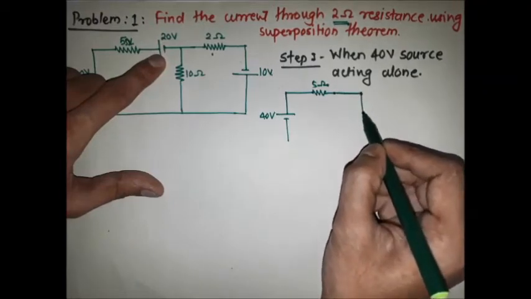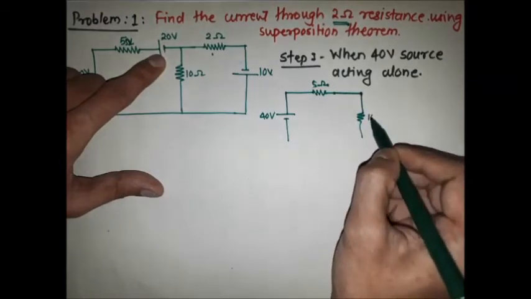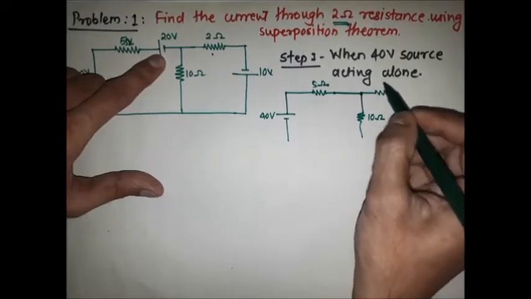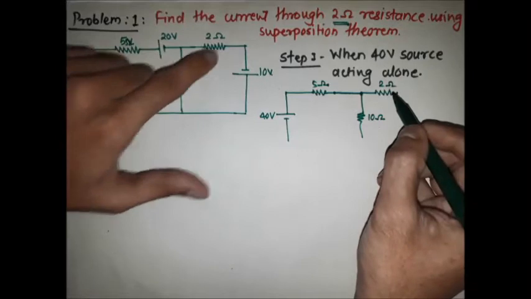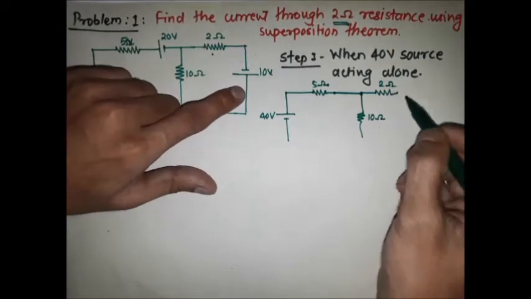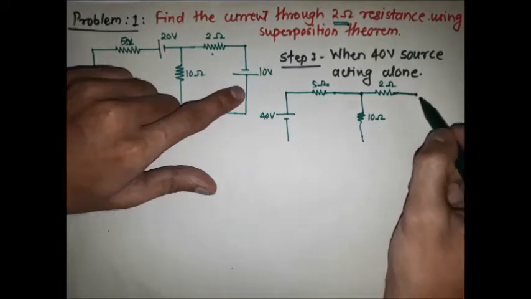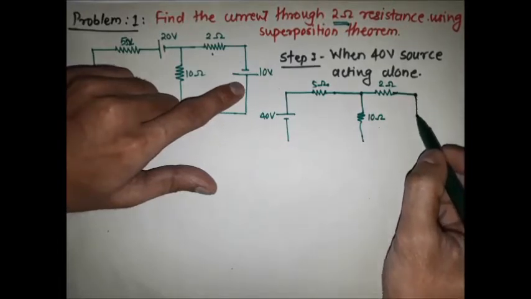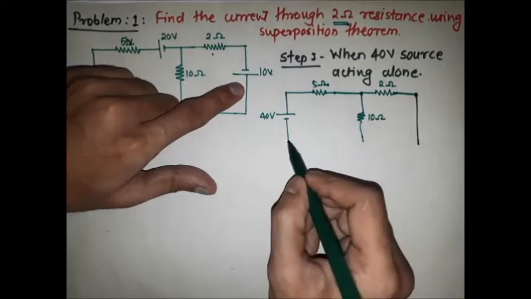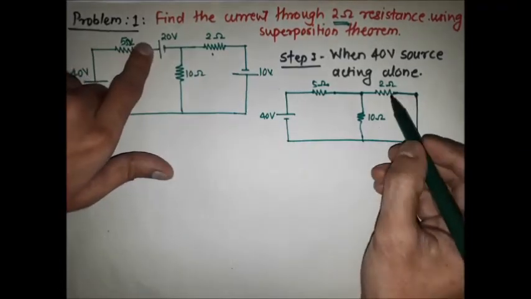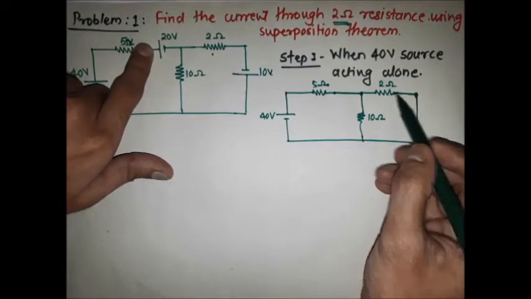Again it is connected to a 10 ohm resistor, then here is the 2 ohm resistor, which is connected to the 10 volt source, and we replace it with a short circuit as well. The circuit will be like this after replacing the voltage sources, and we have to find the current through the 2 ohm resistor.